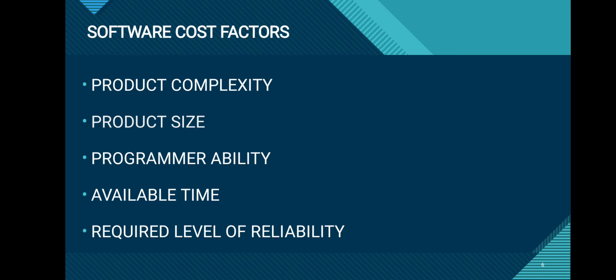Then programmer ability. The individual ability has great influence on the extra effort to be put into software development. The difference in individual programmer ability is significant when involving five or more programmers.